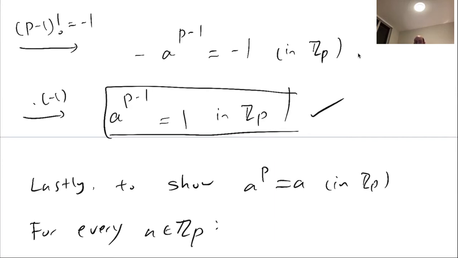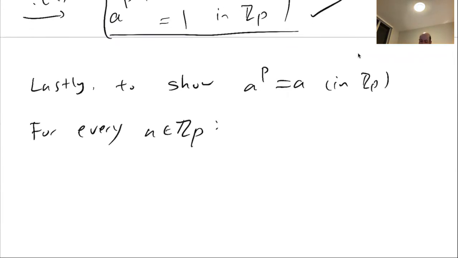The first part said a to power p minus 1 equals 1 if a is anything except 0 in ZP, which means every integer except multiples of p. And the second part said a to power p equals a for every number, whether multiple of p or not, in other words, whether it's 0 or not in ZP. Well, this is now very easy to prove.